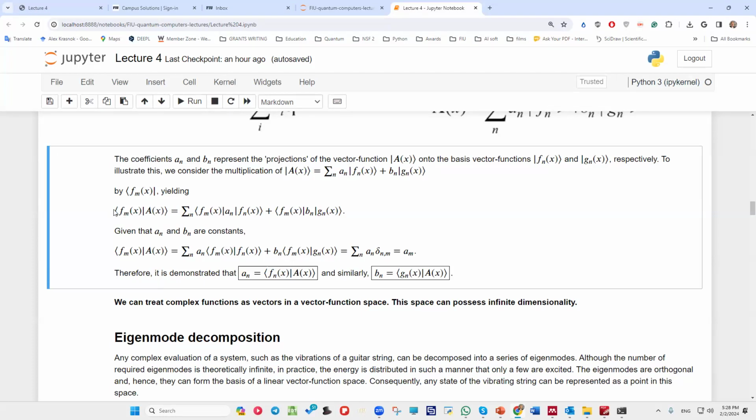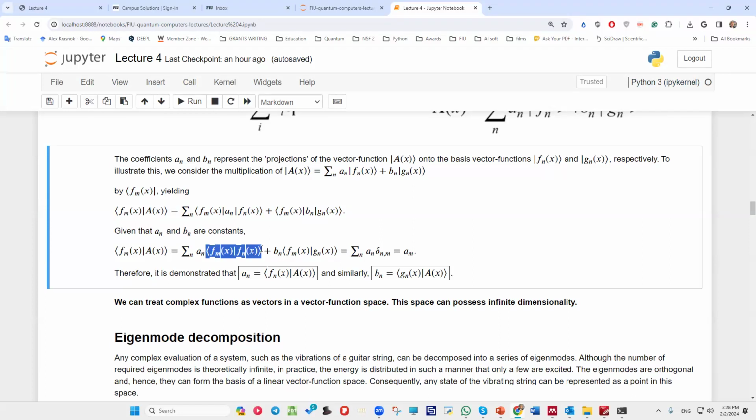So I multiply this expression from the left, and I write it here. And here is the result, right? Next, an and bn are constants, so I can take them out from the inner product.